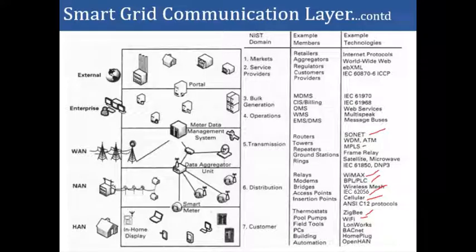At the enterprise level, we have various standards for data communication, say IEC 61970 and 61968, which are commonly known as the Common Information Model. We also use web services, MultiSpeak, or message bus for the communication between various OT applications and IT applications at the enterprise level.